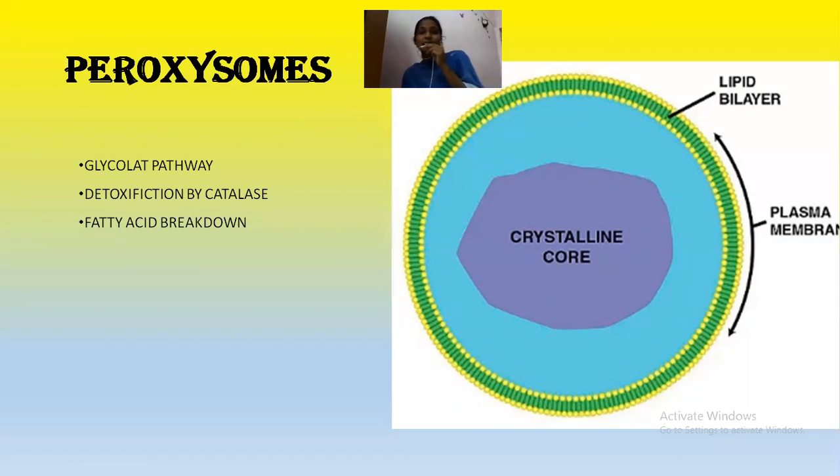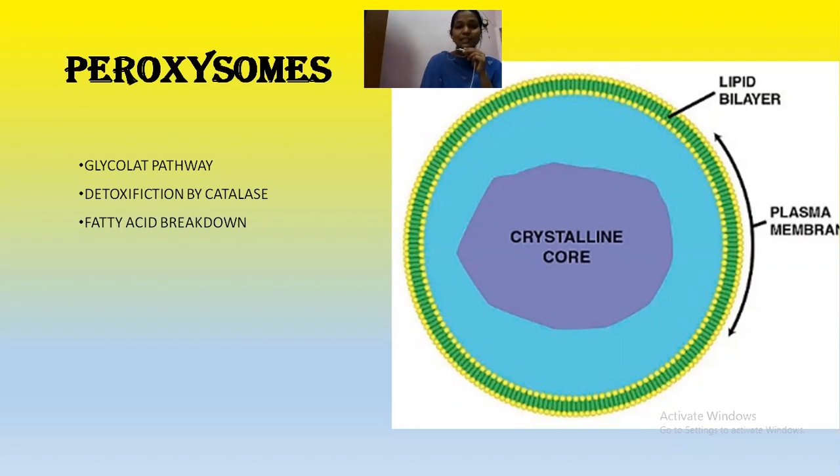And this peroxisome majorly contains catalase enzyme or catalase-like detoxification enzymes. What is the function of catalase enzyme? The catalase enzyme detoxifies hydrogen peroxide, which is toxic, into water and oxygen. In this manner, the detoxification of hydrogen peroxide takes place in peroxisome.